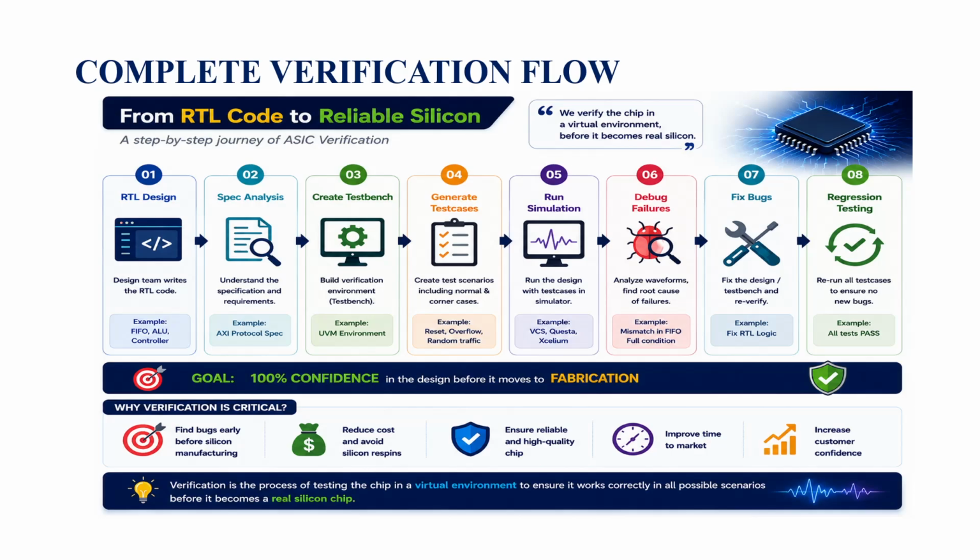We analyze this properly, also with the help of the waveform. Everything we analyze from the TB side first. After that, if there are any bugs from the RTL side, we need to check that also. If we find any bugs in the RTL, we have to report them to the RTL engineers. They will come up with the updated RTL, and then we can proceed further.